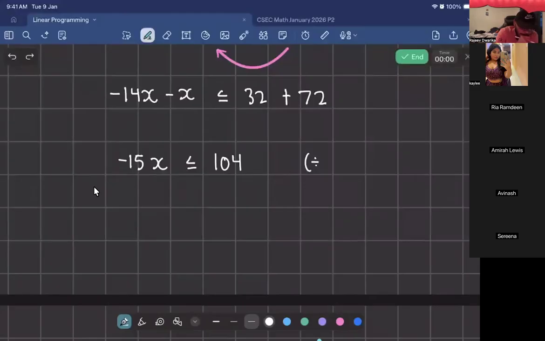What is the x term? I want you to identify the x term for me. Negative 15x. Right now, x is being multiplied by what?